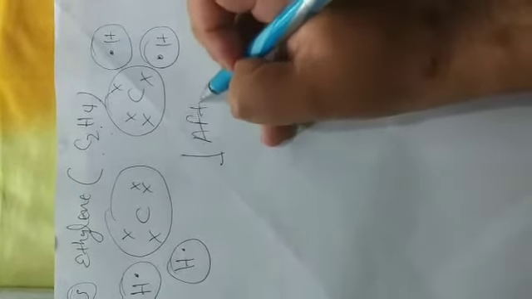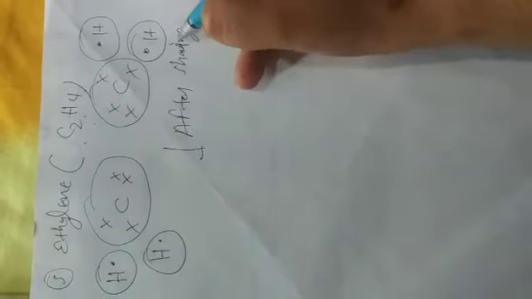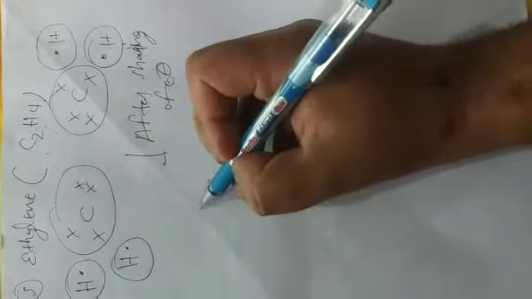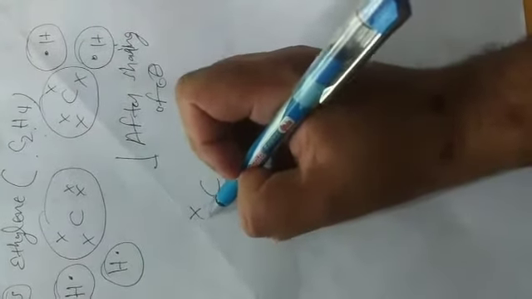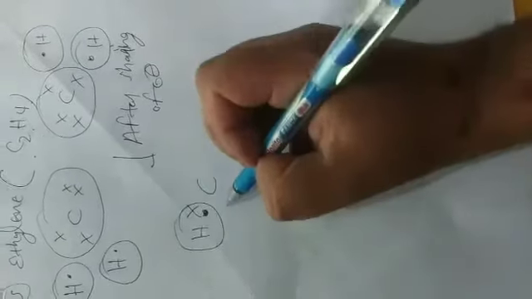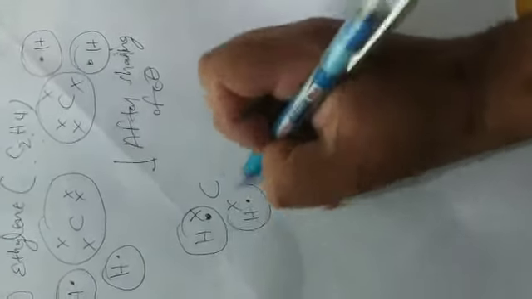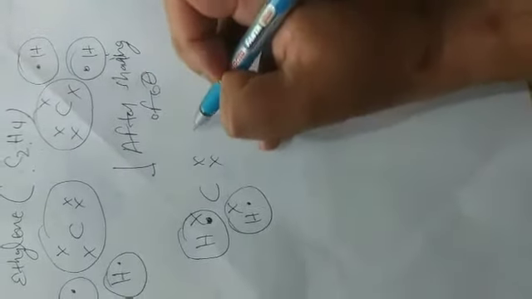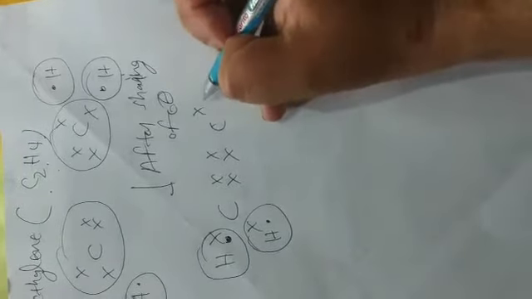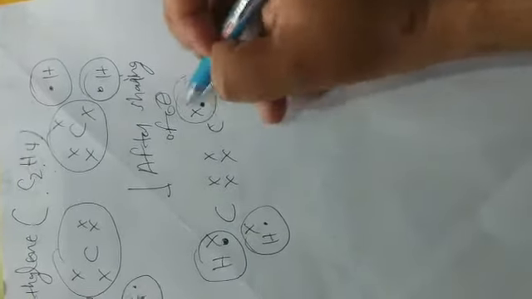After sharing of electrons, the structure of ethylene becomes: one hydrogen, then a second hydrogen, then the second C.